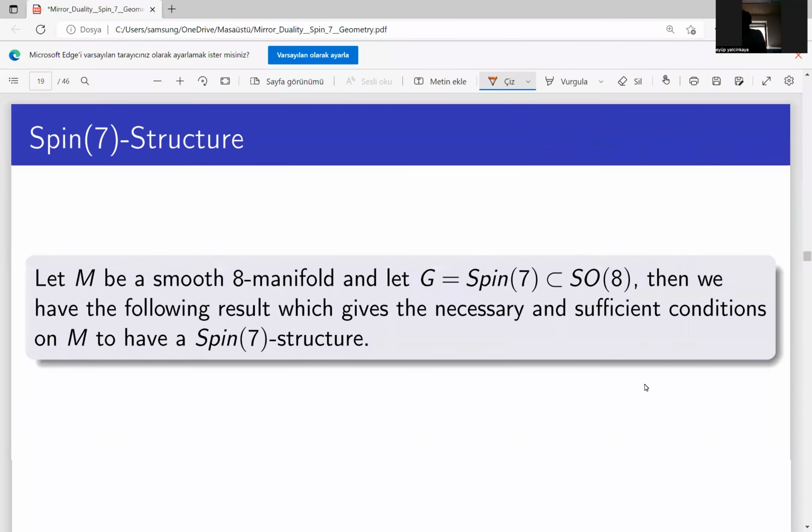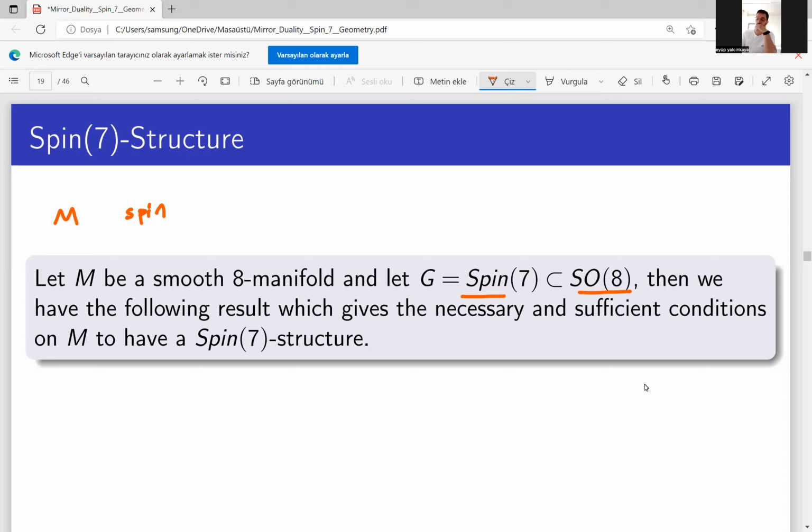And the Spin(7) structure is a little bit more powerful if you compare it with the spin structure. So at first, the Spin(7) structure is in SO8. So at first, M has to be spin.